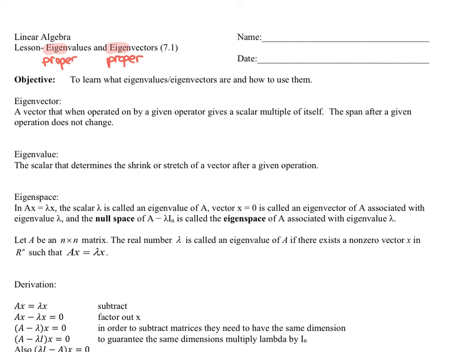Eigenvectors are really just vectors that are unimpacted by the transformation process. A vector that doesn't move after a transformation. And transformation, the matrix multiplication, is how we transform vectors.